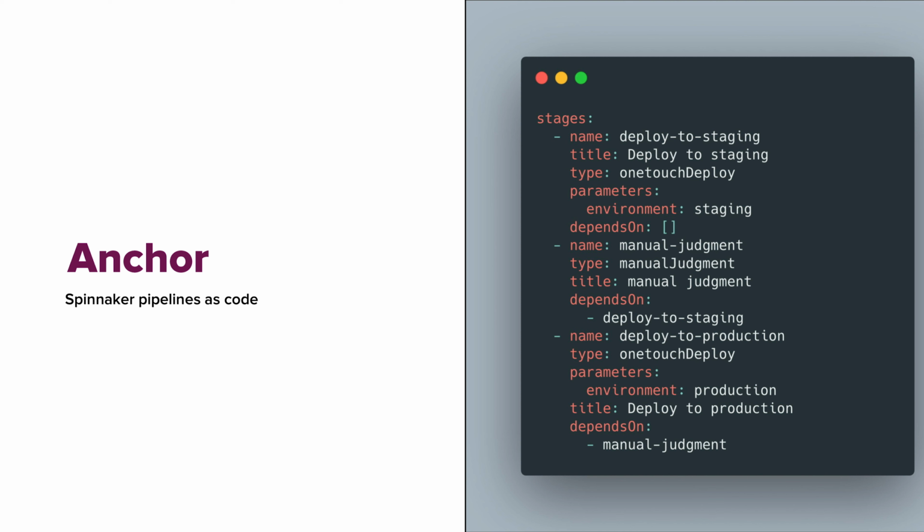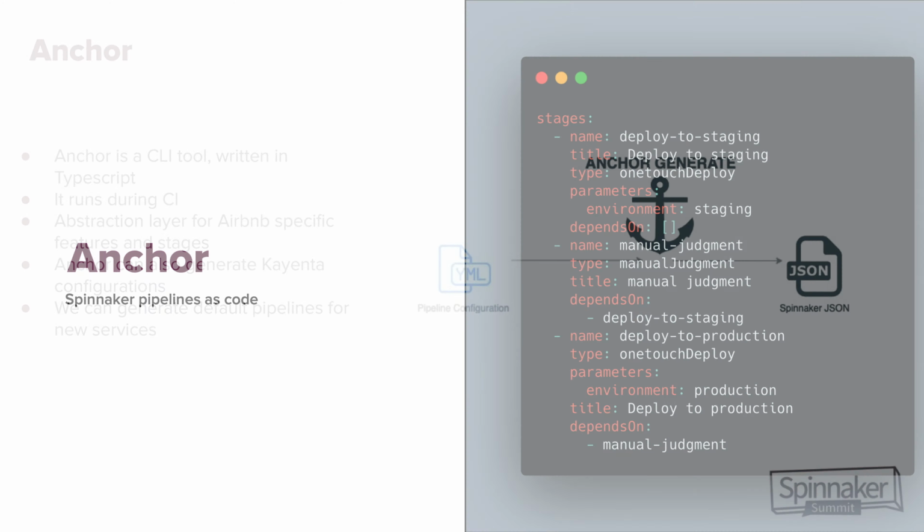It's a one-touch deploy stage, which will generate a deploy manifest stage with the right artifact. We can set dependencies on the stages similar to how Spinnaker itself does it, and this allows developers to build a DAG of stages and easily configure their service.